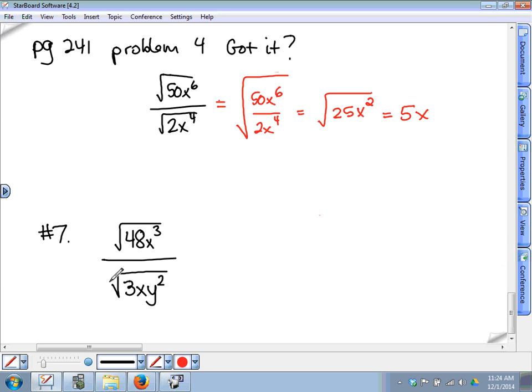So yeah, they're the same type of root. So let's change this into one big square root and see what happens if we can simplify the fraction. So we have 48x to the 3rd over 3x y squared.